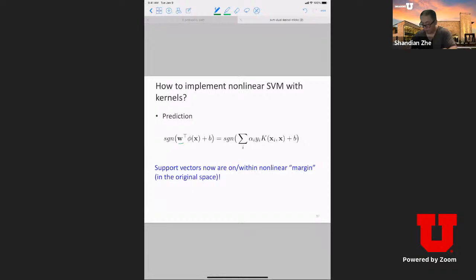Of course, the original derivation is the inner product after feature mapping, the feature mapping of the support vector and the test input. Now we just replace this explicit feature mapping plus dot product by a kernel function, so the computation is much easier and pretty straightforward.